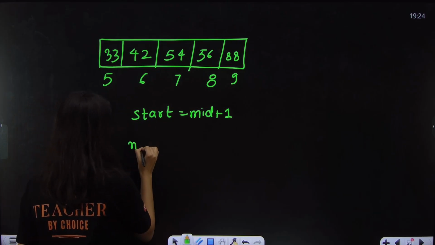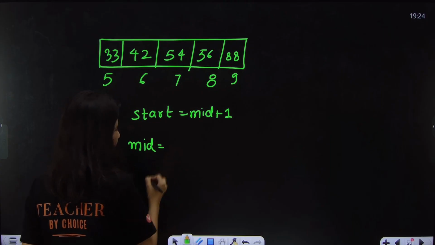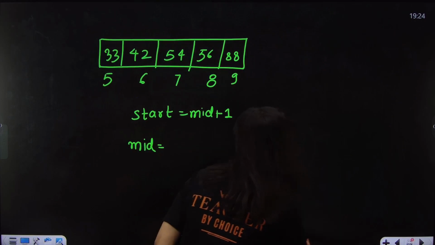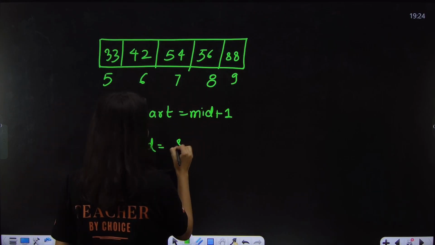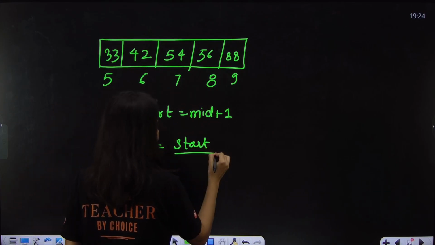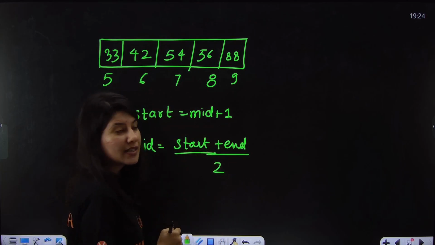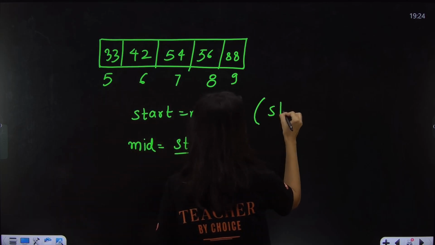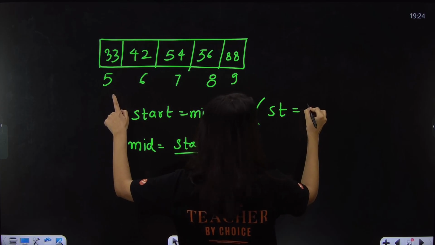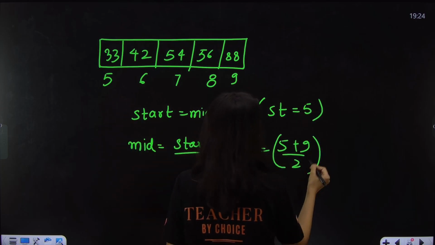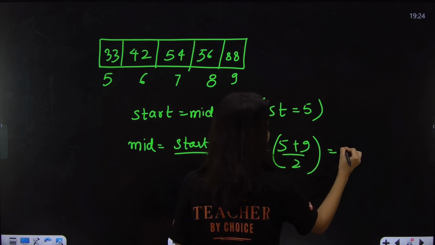And your mid now, what will it be? Applying the same formula, mid is start plus end by 2. So start is 5, so this will be 5 plus 9 by 2, which is 14 by 2, so 7.